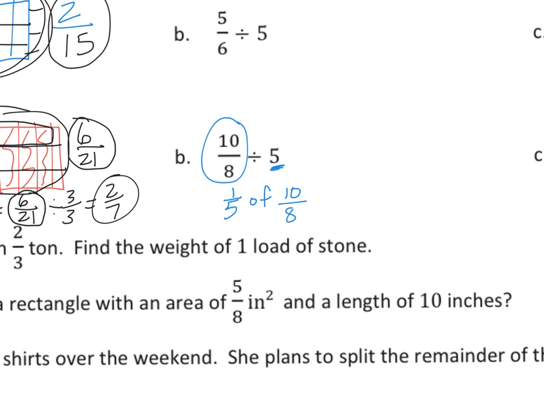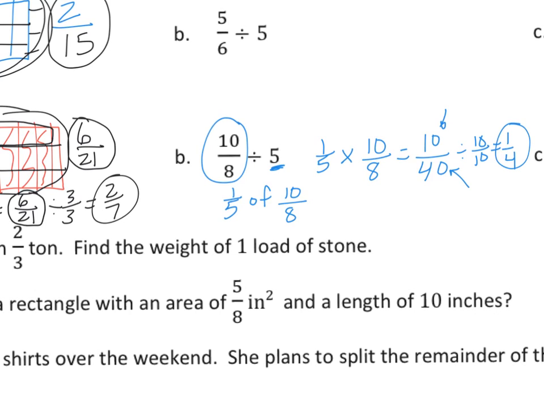And 1/5 of 10/8 means 1/5 times 10/8. So I can do 1 times 10 is 10, and I can do 5 times 8 is 40, and I know that I can divide by 10 over 10 to get me 1/4, because they both end in a 0.